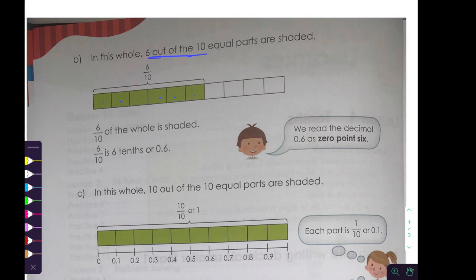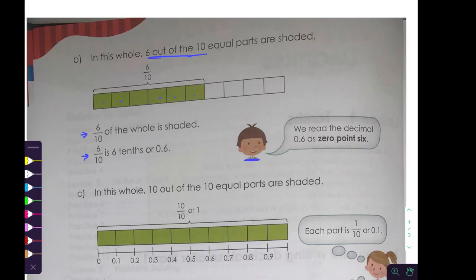If we write it in fraction form, it's 6/10. 6/10 of the whole is shaded, meaning we have 10 equal parts and we shaded 6 of those 10 equal parts. 6/10 is 0.6. These are different ways of saying 6/10, because now we're learning how to say a fraction in decimal format.